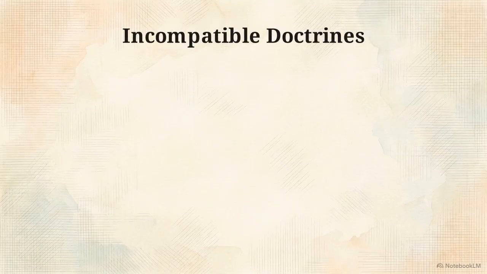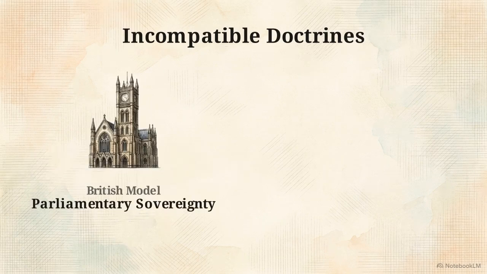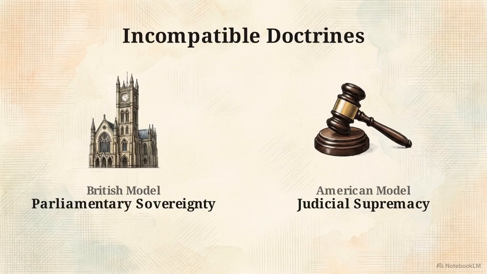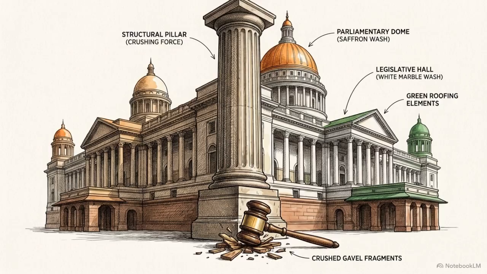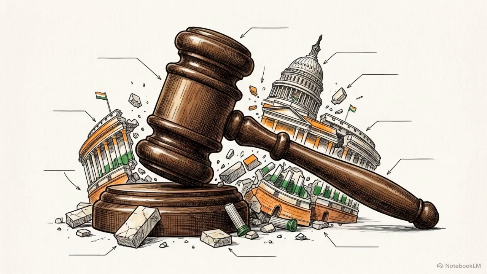Another major balancing act was reconciling two incompatible legal doctrines: the British principle of parliamentary sovereignty and the American model of judicial supremacy. Adopting either extreme presented a threat. Absolute parliamentary control risked a legislative dictatorship, while unchecked judicial supremacy could gridlock the developmental agenda of the state.